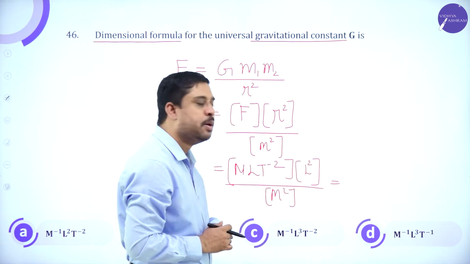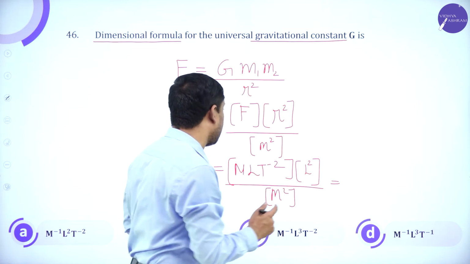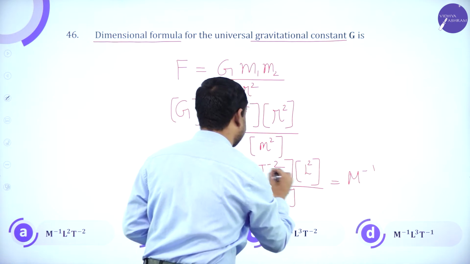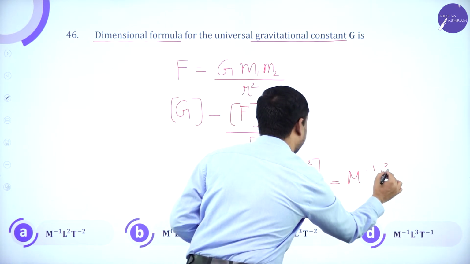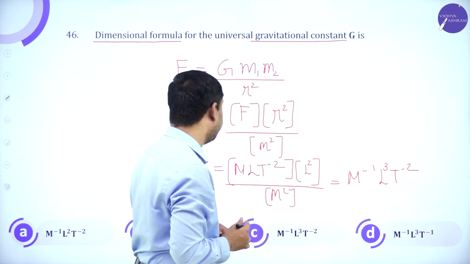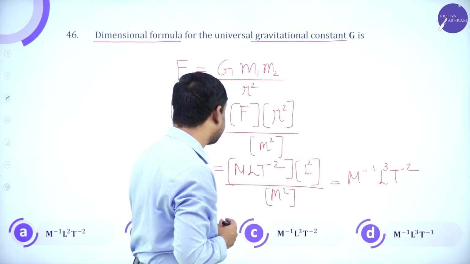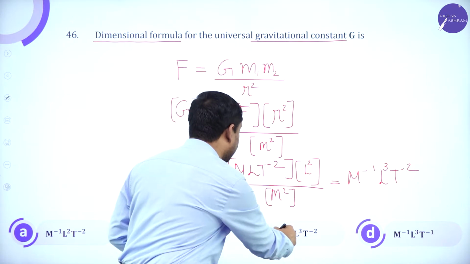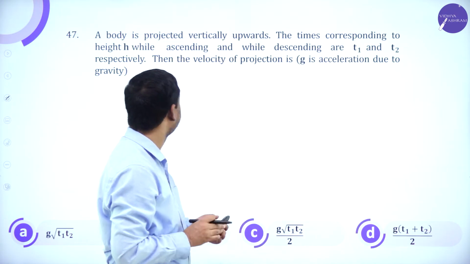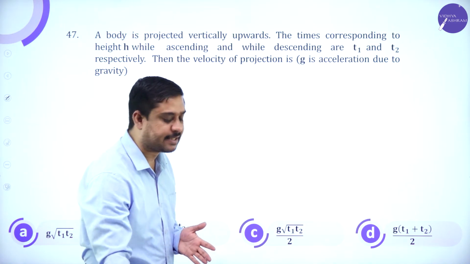This is 1 minus 2 plus 1, M minus 1 L cube T minus 2. So M minus 1 L cube T minus 2 is the answer. Next one, interesting.